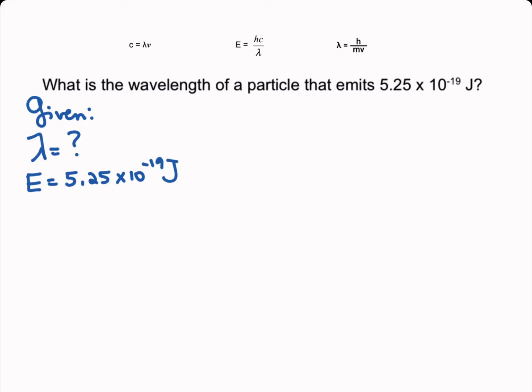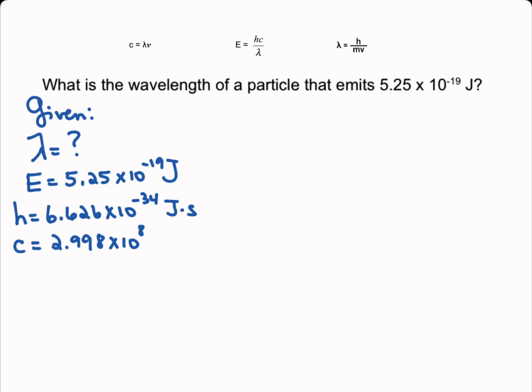I'm going to go ahead and list my Planck's constant. I'm going to list speed of light. And I do have a formula that relates energy to wavelength.